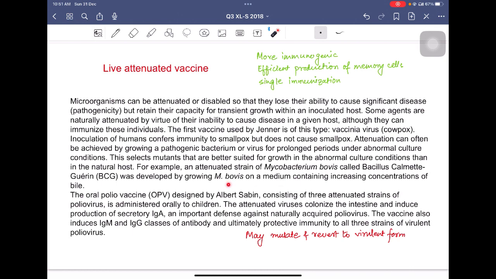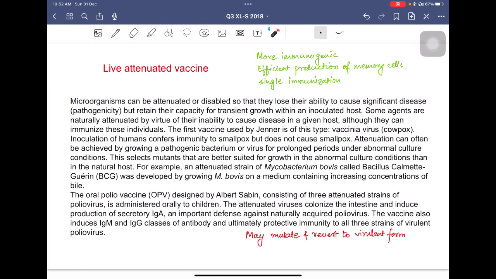So, this attenuated virus cannot cause the disease, but it comes into the intestine of the host, and then produces the secretory IgA molecule, immunoglobulin A, which protects the individual against poliovirus. This vaccine also induces IgM and IgG classes of antibody production, and ultimately it protects the individual from the three strains of virulent poliovirus.